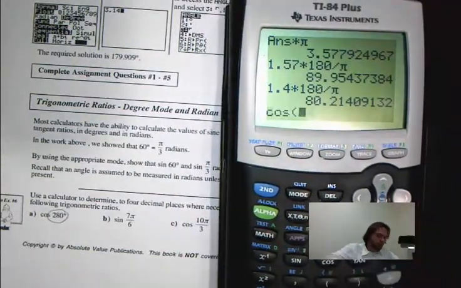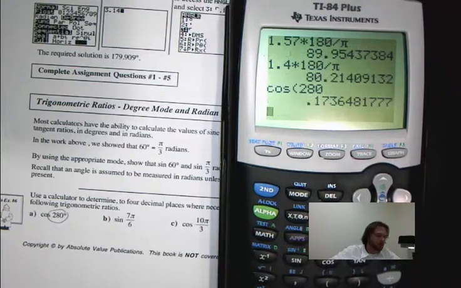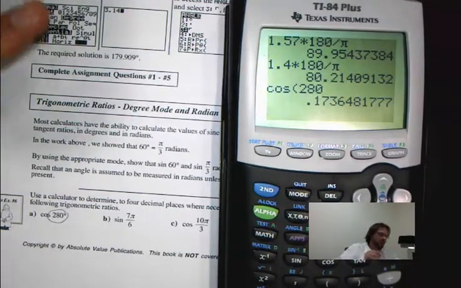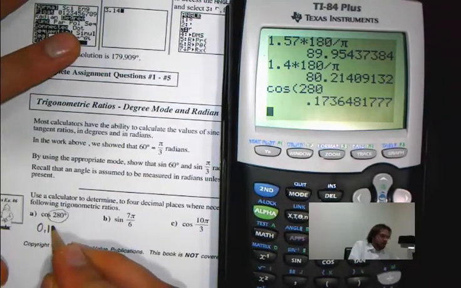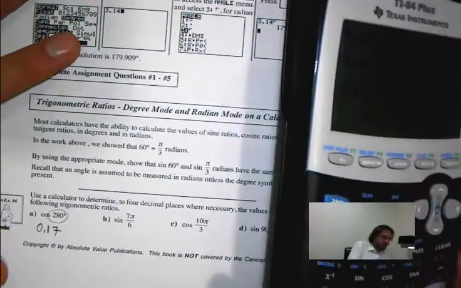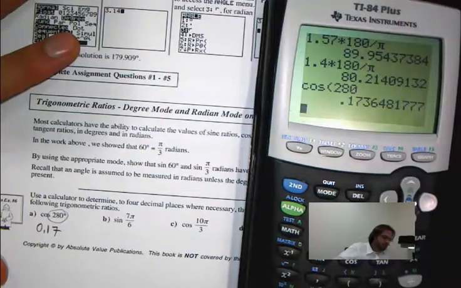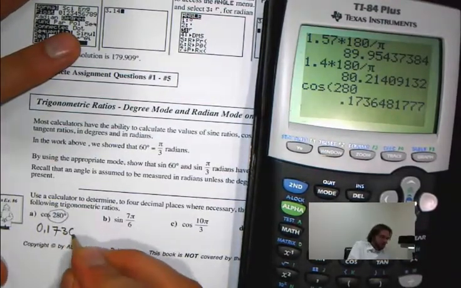So we go cos 280, push enter, and I end up getting 0.17. I think to the nearest decimal place, to 4 decimal places, 1736. So it wants 4 decimal places, 1736.